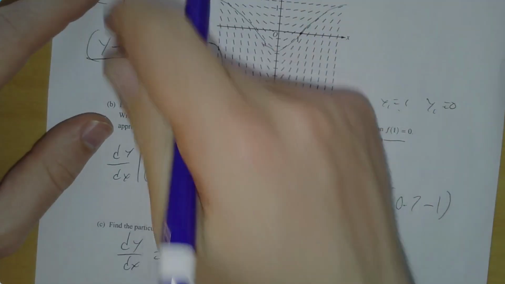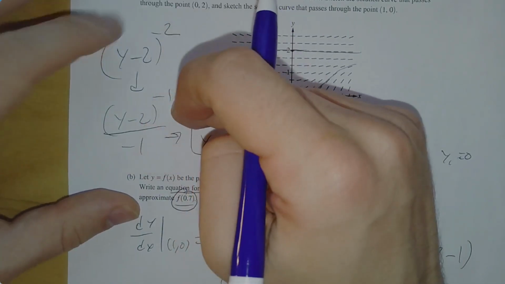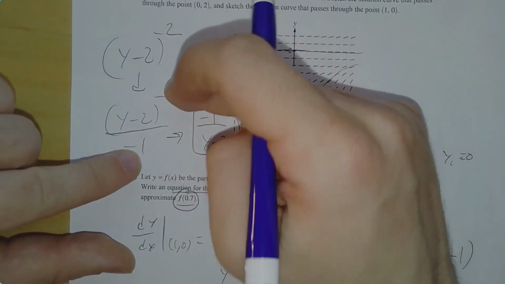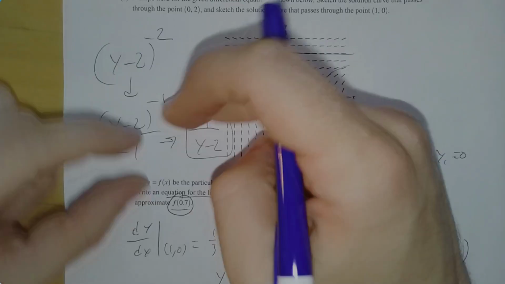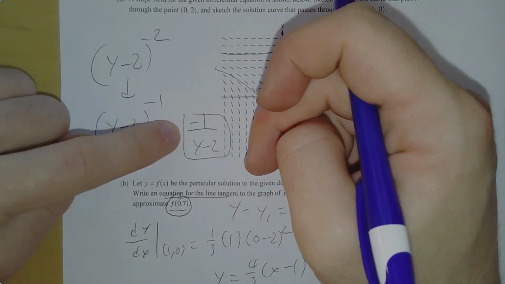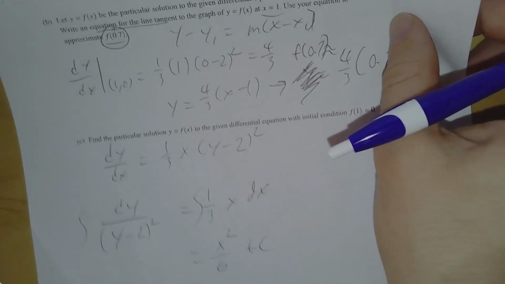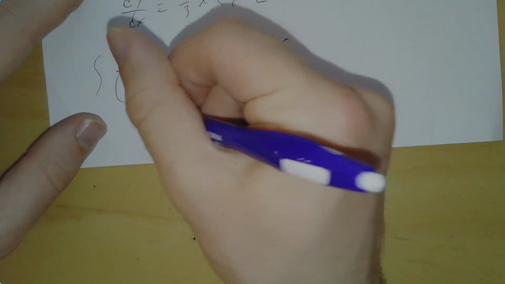This is how that works: you start with negative 2, you add 1 and divide. Negative 2 plus 1 is negative 1. Divide by negative 1. That comes down to the numerator. You just make the whole thing negative. And so that's it. So this is negative 1 over y minus 2.